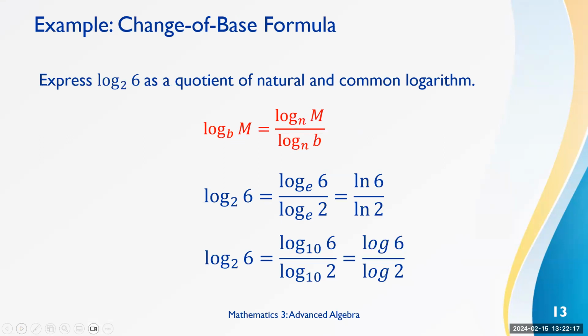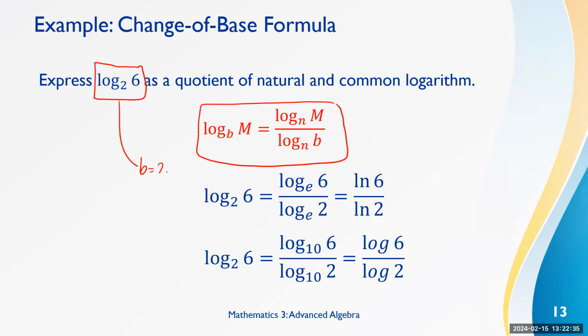Example. Let's try to express this logarithmic expression, log base 2 of 6, as a quotient of natural and common logarithm. Again, this is our change of base formula, wherein b is equal to 2 and m is equal to 6. Applying this, log base 2 of 6 becomes log with the n from the first line.